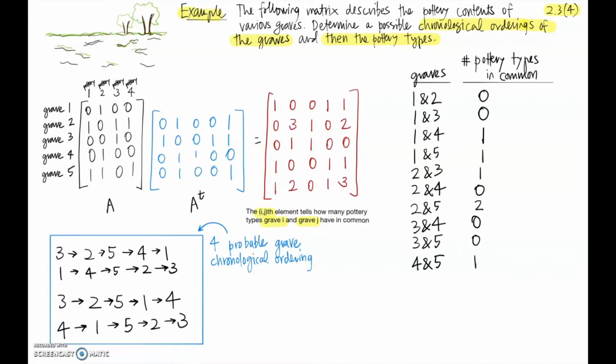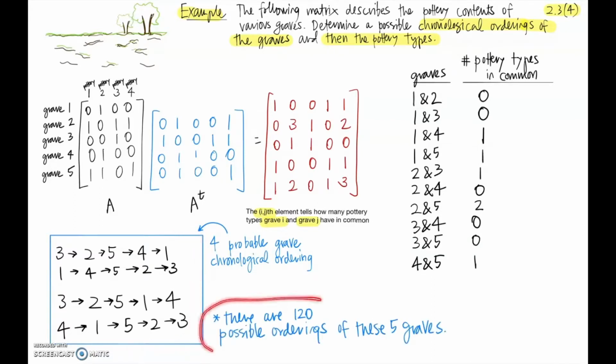The archaeologist is going to have to use other clues to narrow it down from here. But this gives us at least a really good place to start. So in reality, there are 120 possible orderings of these 5 graves, and what we've just done is given the 4 most probable orderings of their chronology.